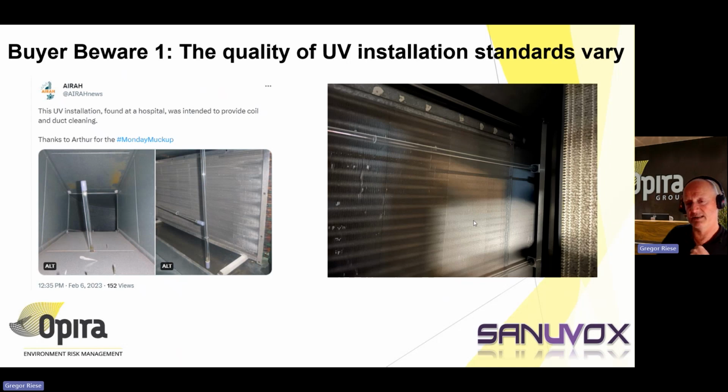The photo on the right is a photograph of unshielded lamp on coil, and you can see the filters on the right-hand side. These lamps are unshielded and have been installed upstream of the airflow and in front of the filters. These filters have been destroyed and are probably not even rating as a coarse filter anymore. They're F7s, so high-end filters, or F8s.